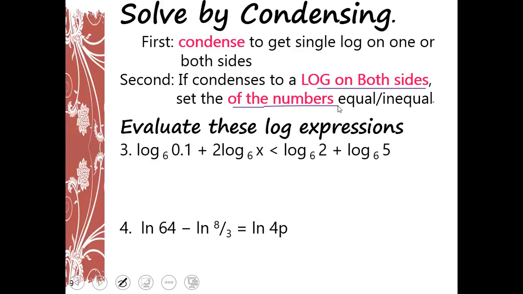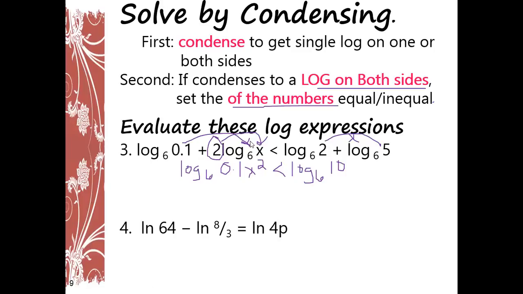I'm going to condense this coefficient to a power, and condense the two logs all at once, and so I get log base 6 of the number 0.1x squared is less than log base 6 of the number 10. I multiplied these two together, and I multiplied these two together after I put the power on it.